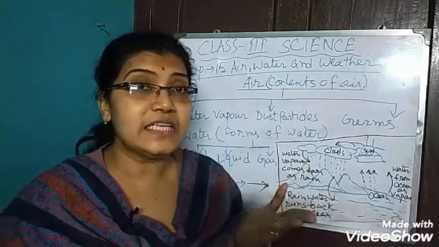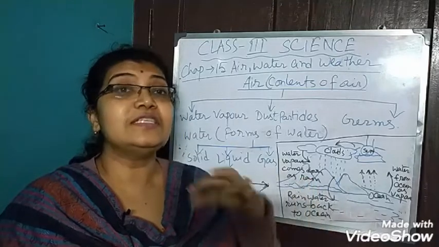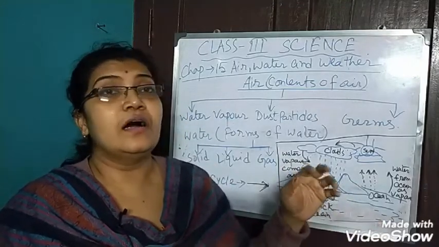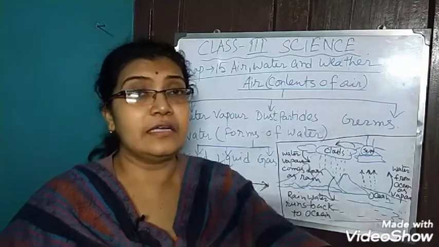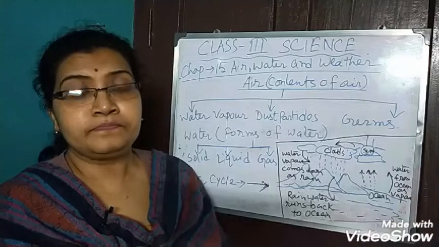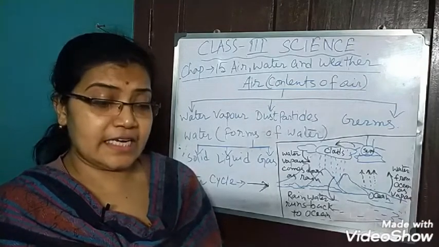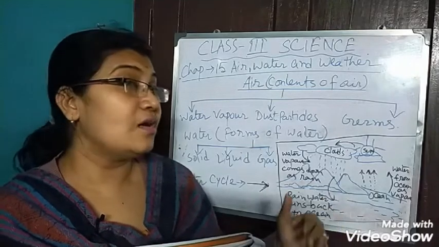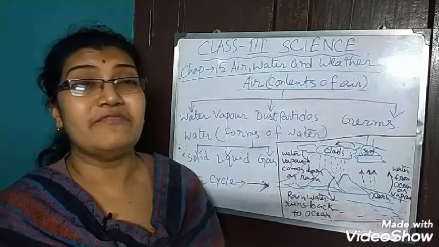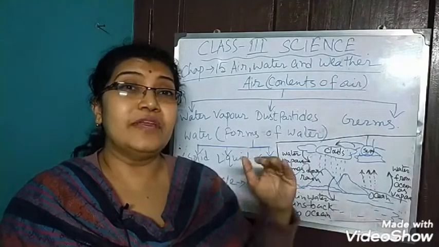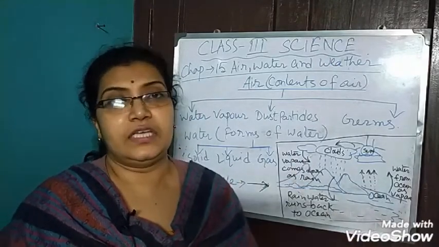Whenever I am sneezing or you are sneezing, the germs come out from our body and affect the other people in front of us. So air contains germs. When the dustbin is open or the drains are open, it smells very bad. That means very bad smelling germs are over there.